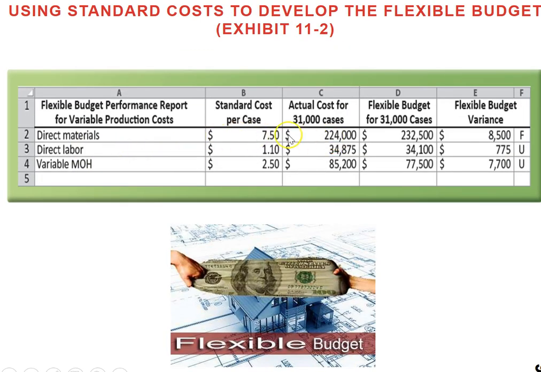And then we will multiply all this cost by 31,000 cases or units. So these will be your budgeted cost based on this standard per unit cost, and this is your actual cost. Column C is showing your actual cost. And now you could compare your actual cost against the budgeted cost, and the differences will be your variances.